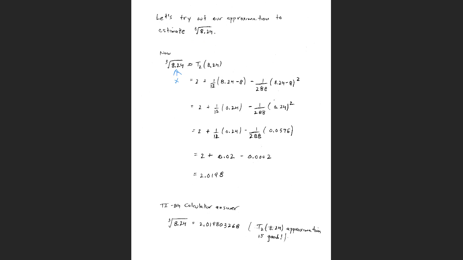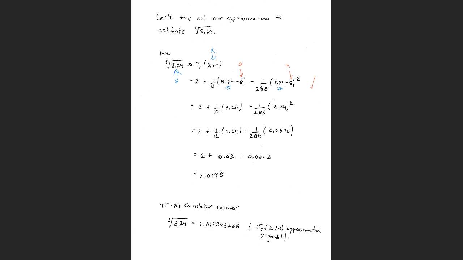Right? That's your value of x. So we're going to evaluate the Taylor polynomial when x is 8.24. And so I substitute it in where the x goes, right? The a is just my 8. 8 is the a.